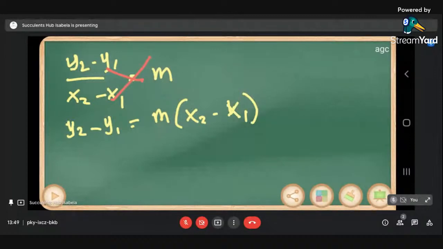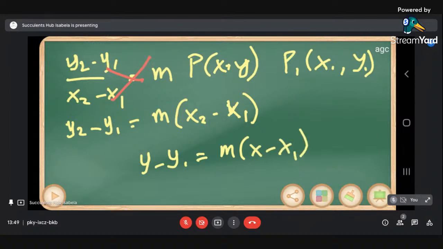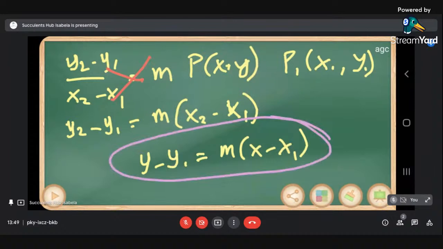So kapag ang given natin is a point P, x, y, and then another point, P sub 1, x sub 1, y sub 1, this will become y minus y sub 1 is equal to m times x minus x sub 1, which is your point slope form.